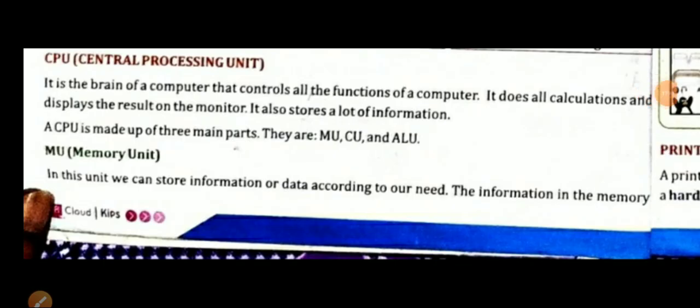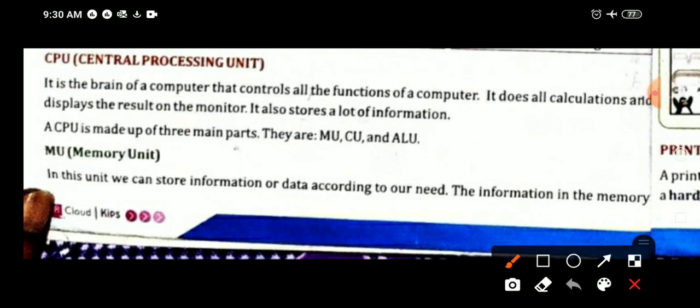Now see, CPU is also divided into three parts. There are three subparts of CPU. First is MU, memory unit. Next is CU, control unit. And third is ALU, arithmetic and logical unit.